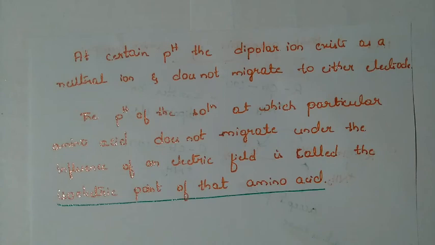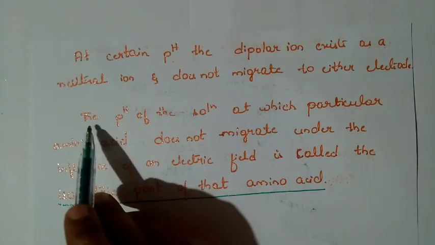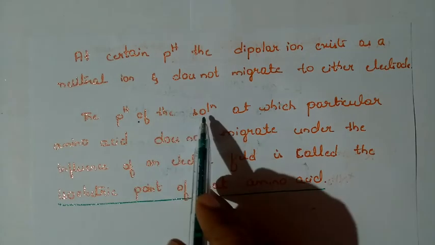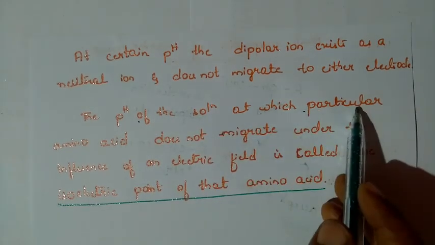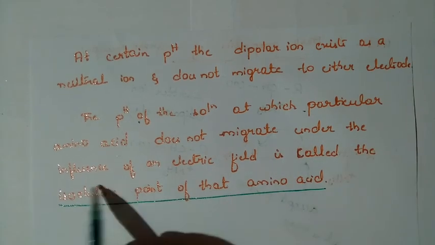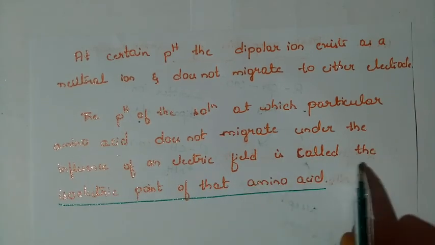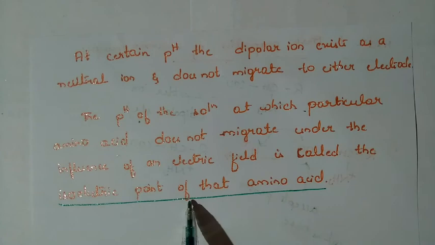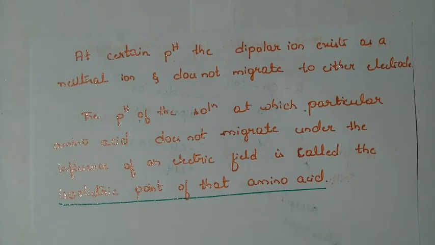But if it is neutral, then it doesn't migrate to either of the electrodes. So that particular pH of the solution at which a particular amino acid does not migrate under the influence of an electric field is called the isoelectric point of that amino acid. So this is what is called the isoelectric point.